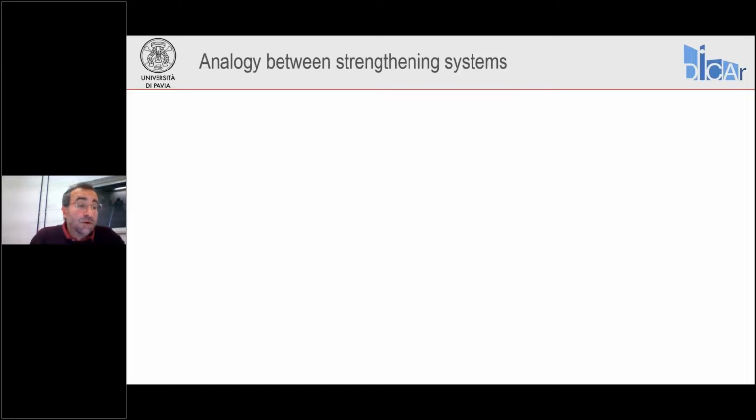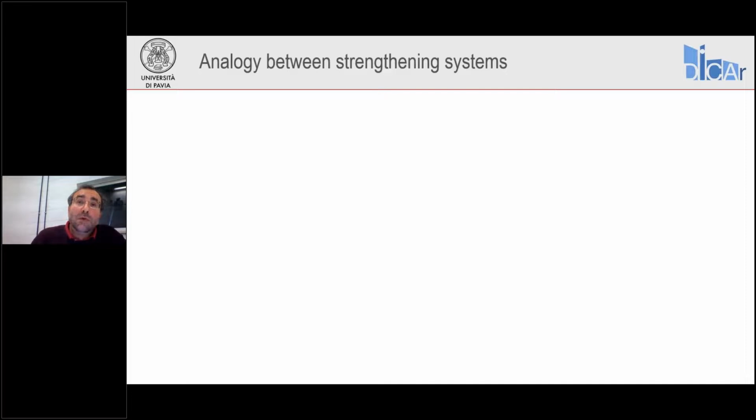Now, to conclude this presentation, I just want to show you some analogies between these three strengthening systems. Why that? Well, there are some guidelines published by the National Research Council of Italy. They're published also in English, and they can be used as a reference for the design of FRCM strengthening.